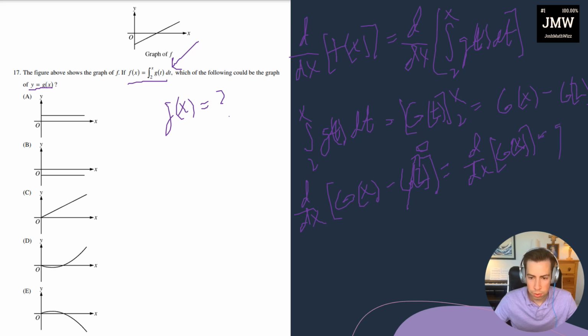So this is going to be equal to g of x. I just wanted to show you how that works. Therefore, f prime of x equals g of x.